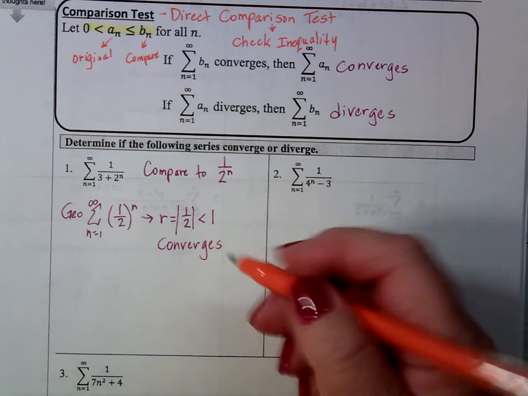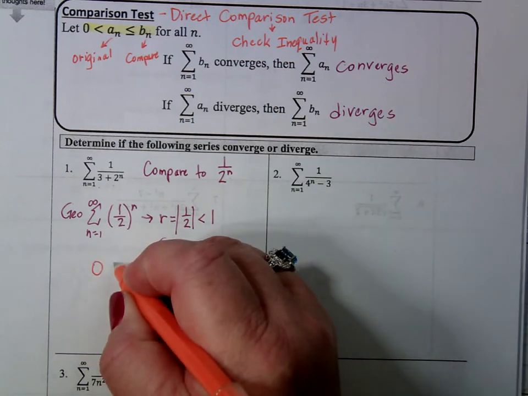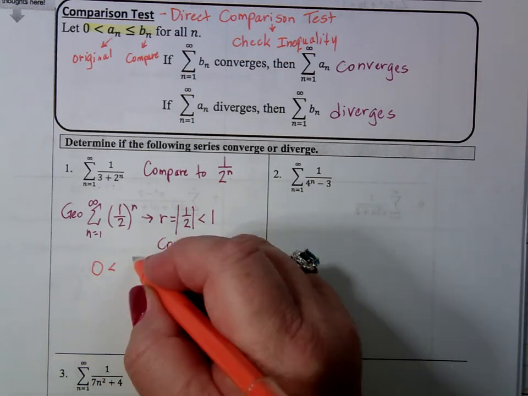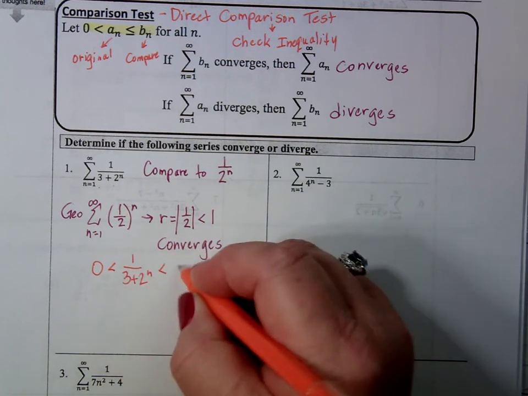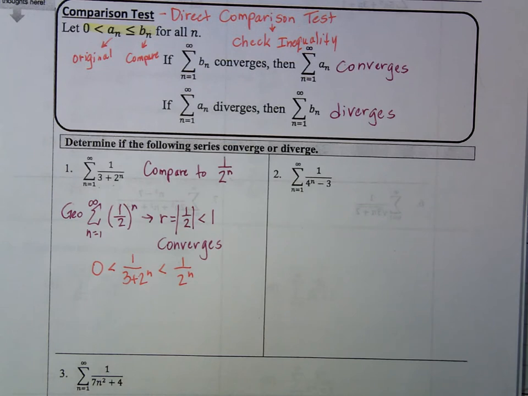So let's go to the inequality. 0 is less than A sub n, 1 over 3 plus 2 to the n, is less than 1 over 2 to the n. If that's a true statement, then I know that by comparison, my A sub n is also going to converge. So let's think about it for a minute. Say I have 2 to the third, 1/8. Is 1/11 smaller than 1/8?